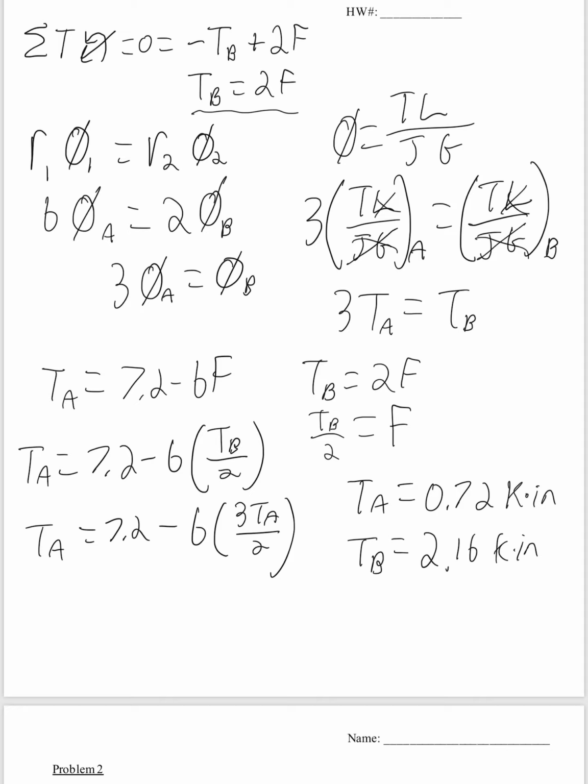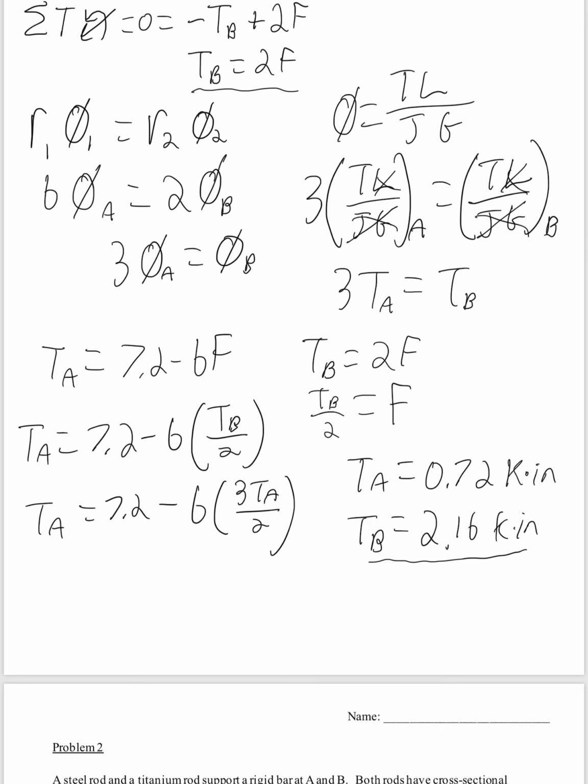Again, we have to make sure that they don't yield. If they were a different material or a different diameter, we would have to check both. But because they're the same shafts, we can just choose whatever value is highest. And if that one doesn't yield, then the first one won't yield either.